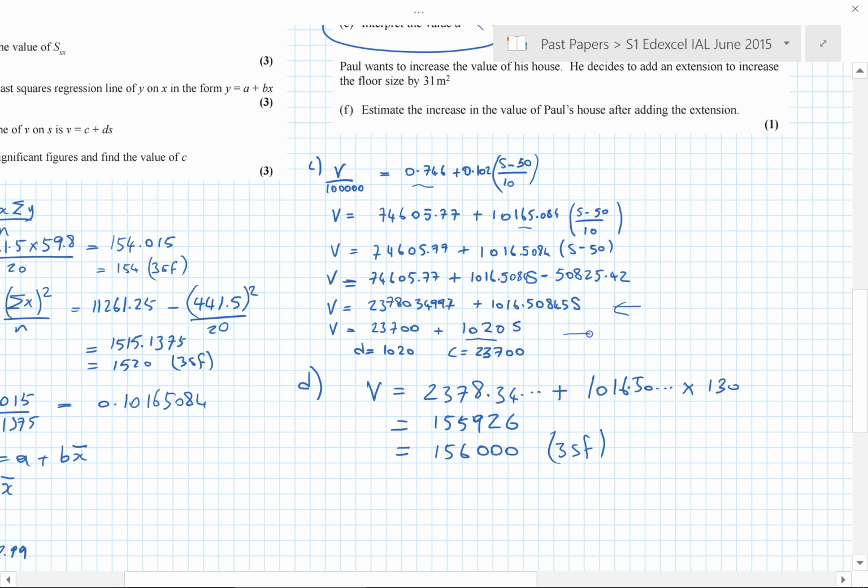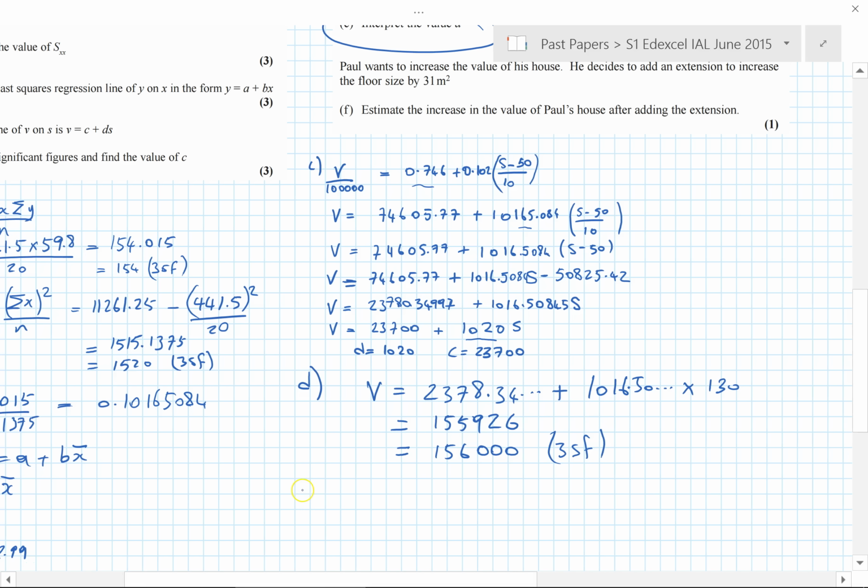This 1020 here tells us the extra amount that each 1 meter squared in floor size will increase the value by. So we need to mention that number.